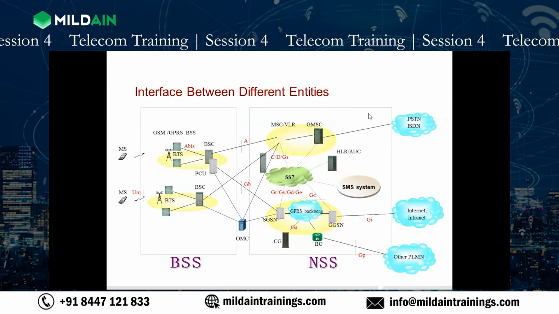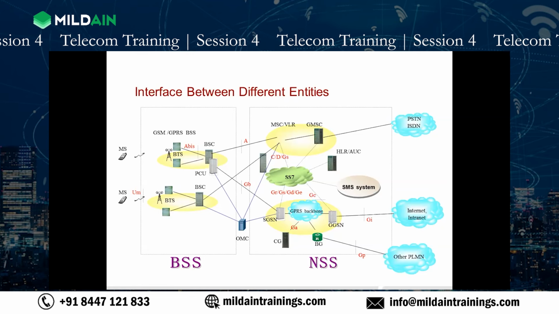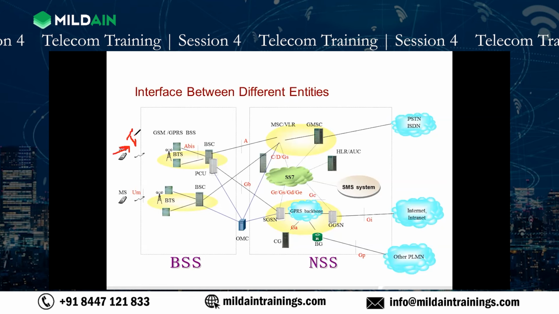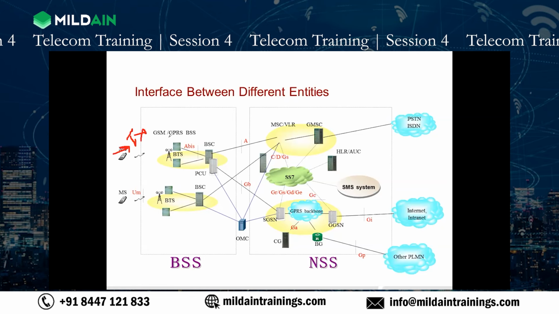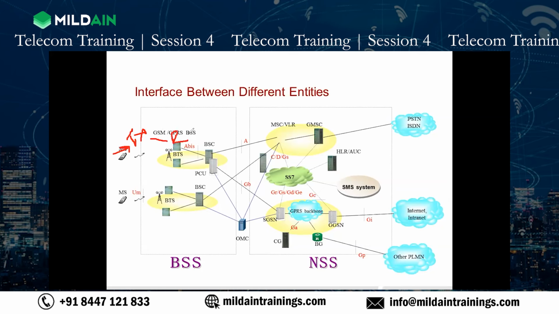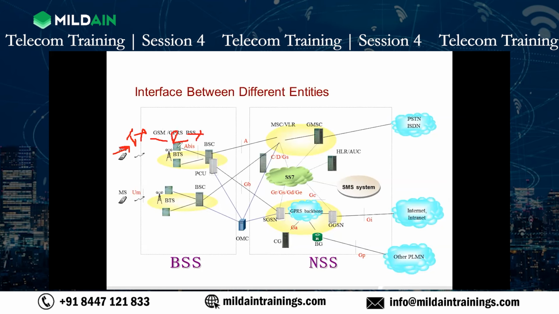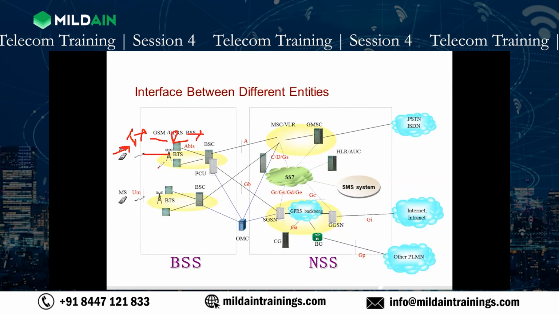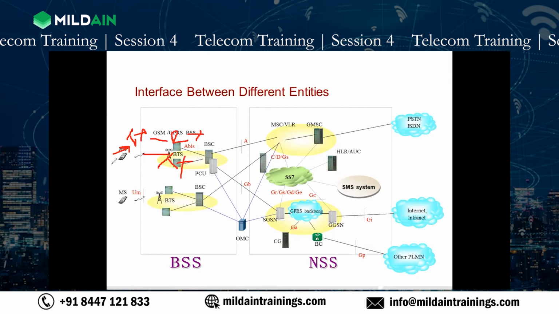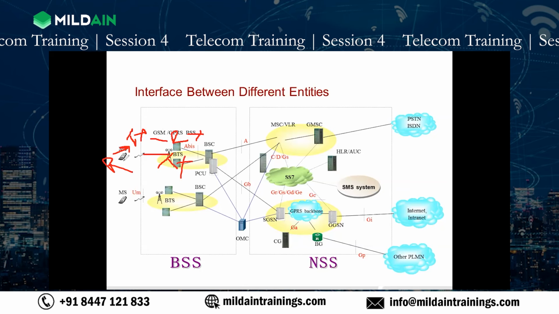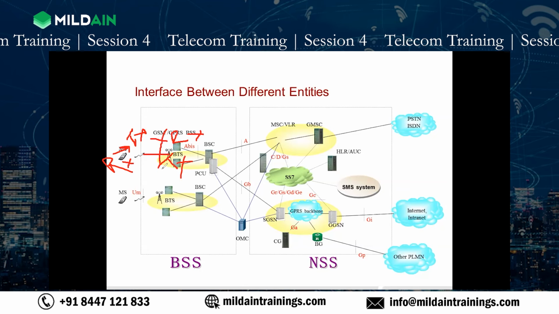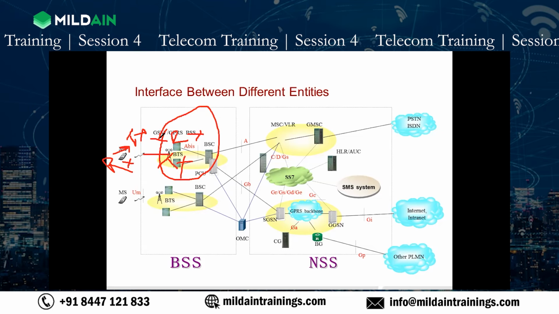Any signal will come: the cell phone transmits towards the tower, that means TX, the transmitter, and the tower's receiver receives this signal. In return, I transmit from the tower and the cell phone receives, so this is my RX, two-way communication. This is called TX and RX, the transceiver.